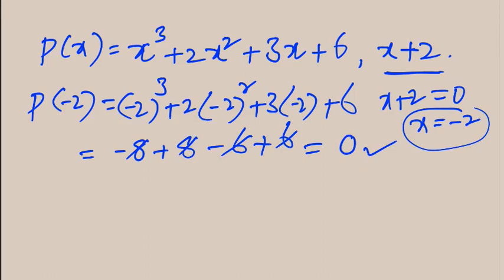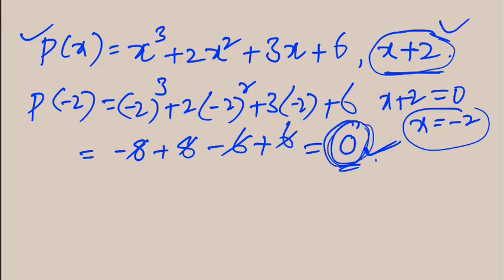In this way we can find the remainder. So whenever any polynomial is divided by a linear polynomial and we get remainder 0, that is, the value of the polynomial is 0, then we can say x plus 2 is a factor of the given polynomial.